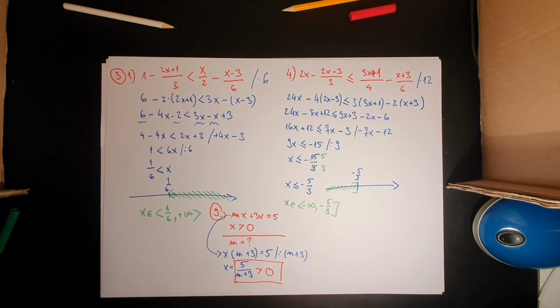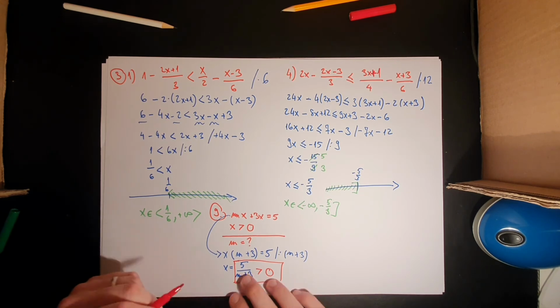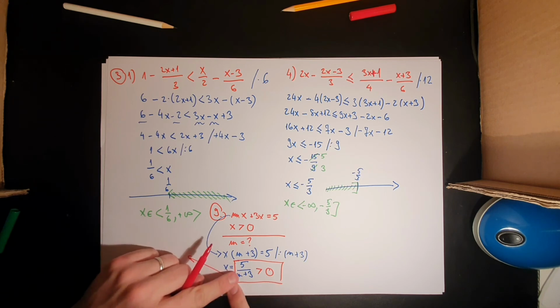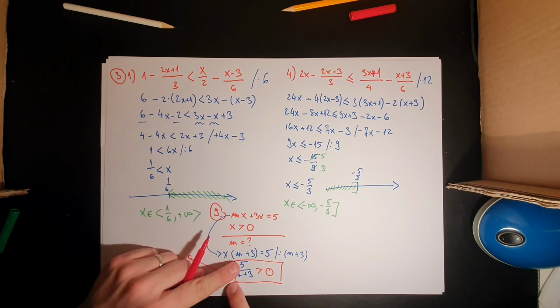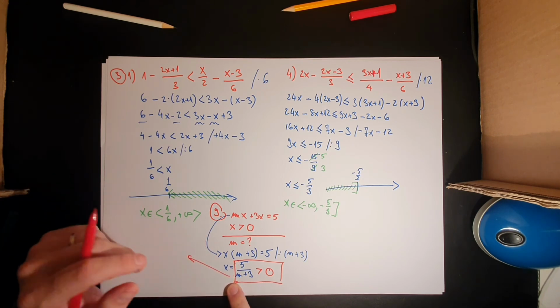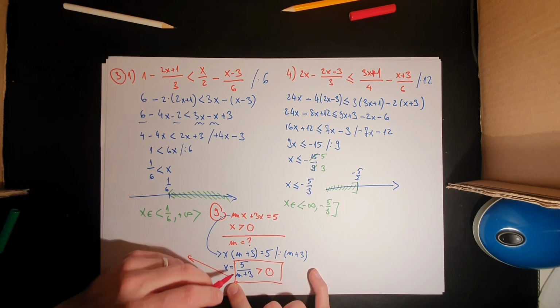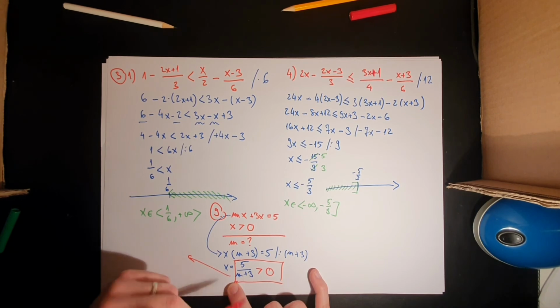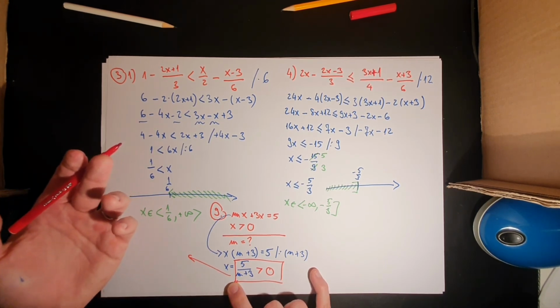And we can solve this task logically, at least one part of it. Here you have two numbers that are dividing with one another. So 5 is divided by m plus 3, and the result has to be greater than 0.